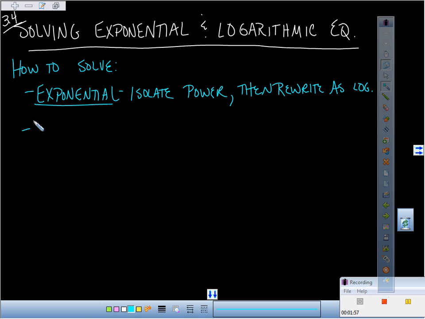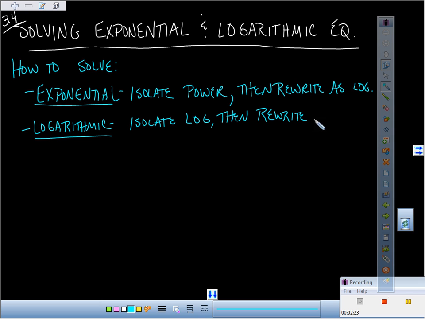How do you solve a logarithmic? That's exactly right. You do exactly the opposite. So this time, you're going to isolate the log, and then you're going to rewrite it as an exponent, an exponential.